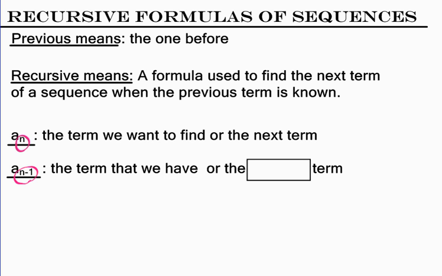So that's actually the term that we currently have, or the previous term. I know that's confusing, but we'll get into it. Just make sure that you know, in this case, that a sub n minus 1 is the term to the left on our sequence, and a sub n is the term to the right.